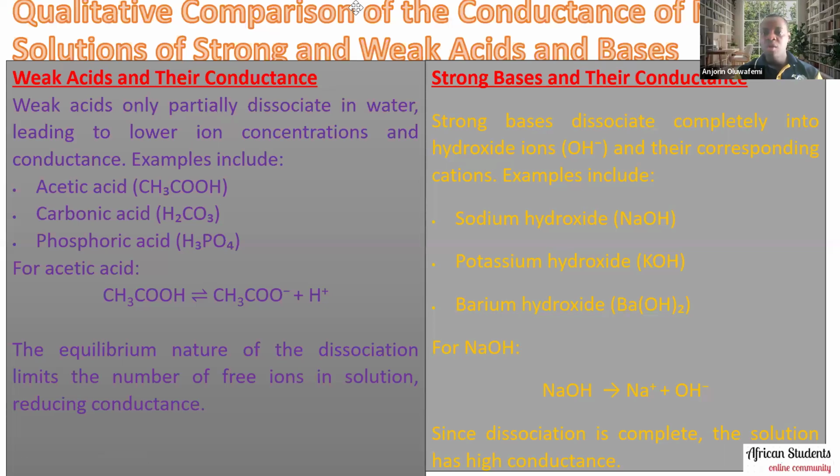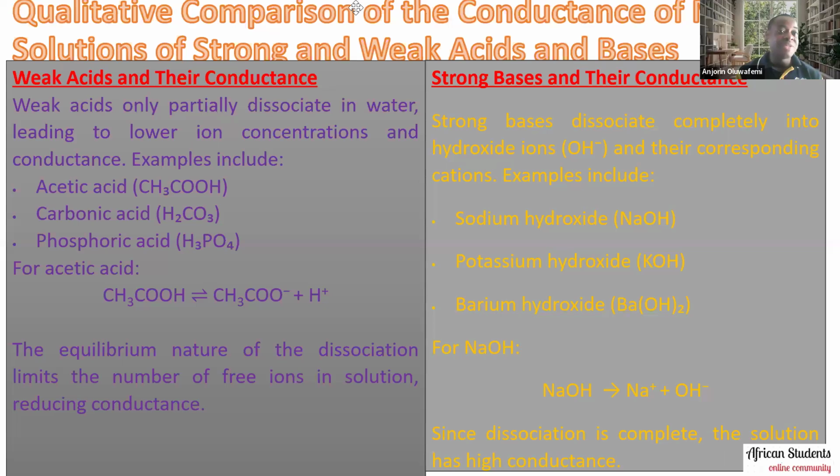So the strong bases and their conductance, just like we have with strong acid, strong bases dissociate completely into hydroxide and their corresponding cation. Examples include sodium hydroxide, potassium hydroxide, barium hydroxide. Now, when you look at sodium hydroxide precisely, it will dissociate into sodium ion and then hydroxide ion in solution.